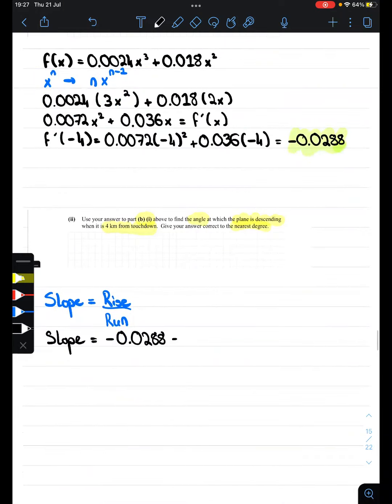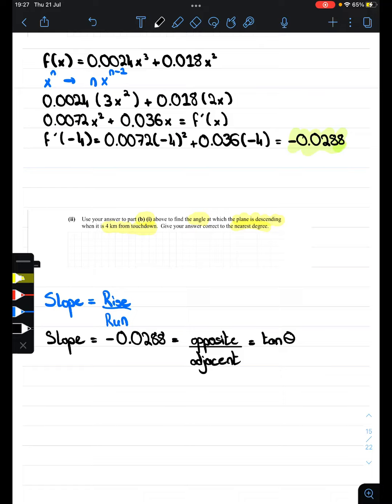So this equals the opposite over the adjacent, and for a right angle triangle that is just the tan of our angle. So now we have an expression for theta, the angle that we're looking for.